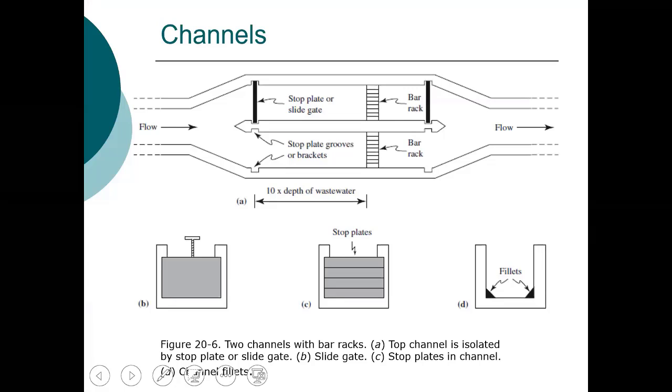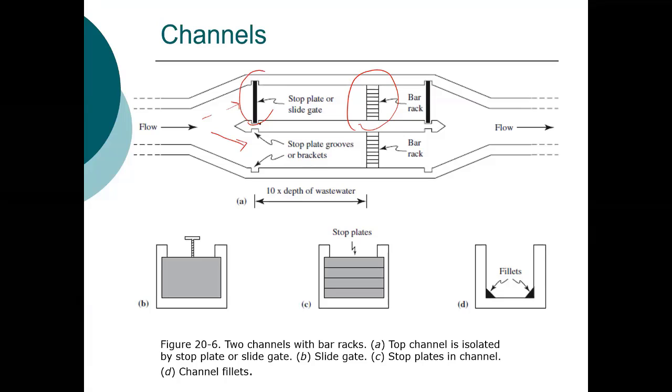So let's move back to wastewater treatment. We had been looking at primary treatment and we were talking about bar screens. So what you see here is the bar screen. Water can flow in either direction here.